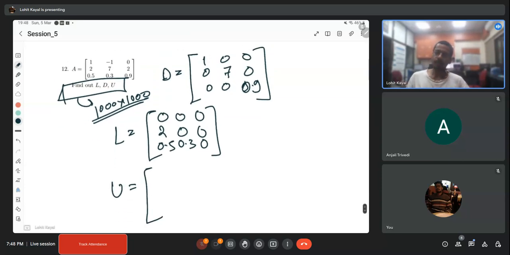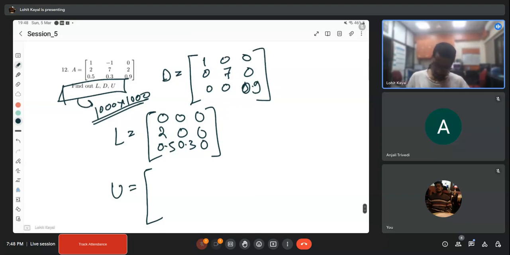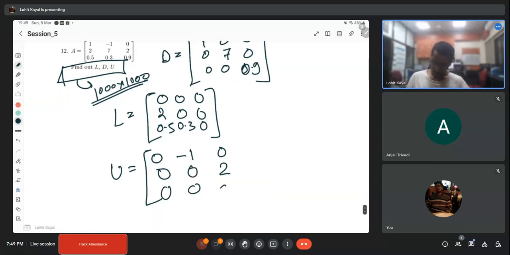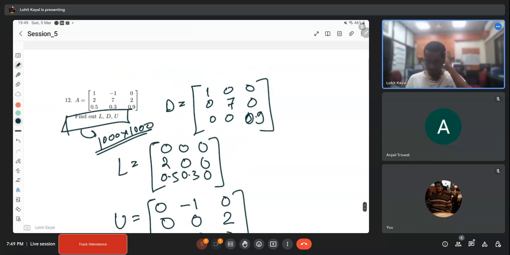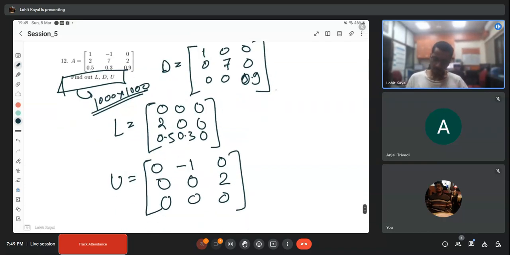U will be everything above the diagonal; below that it is 0. It is 0 minus 1 0, 0 0 2, and 0 0 0. So this is U. So just by looking at it, you can find what is D, what is L, and what is U.